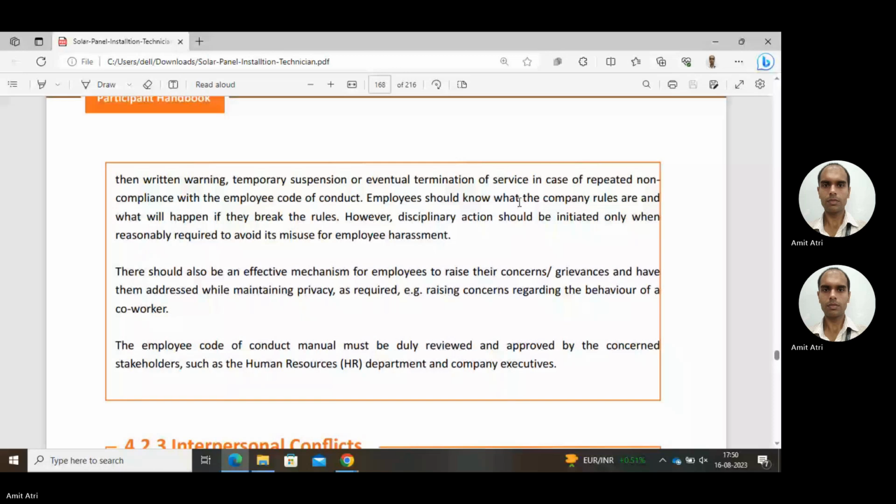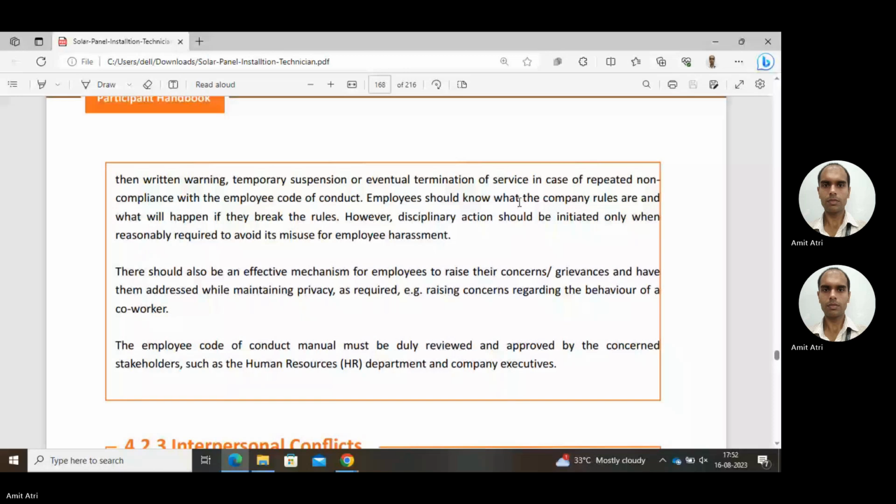There should also be an effective mechanism for employees to raise their concerns and grievances, and have them addressed while maintaining privacy, such as raising concerns regarding the behavior of a co-worker. We should take care of that.